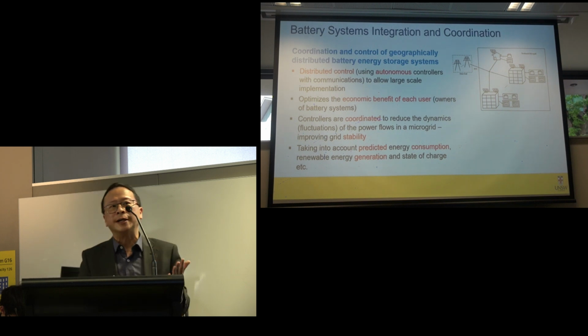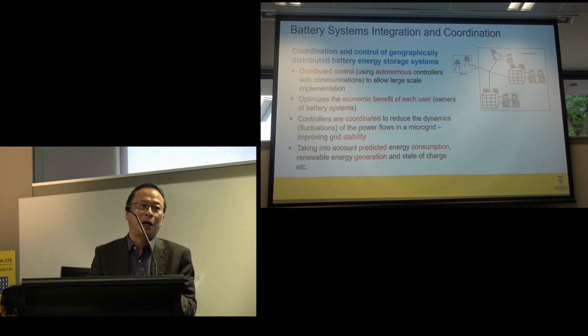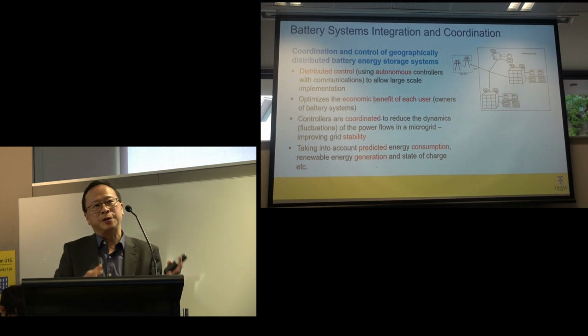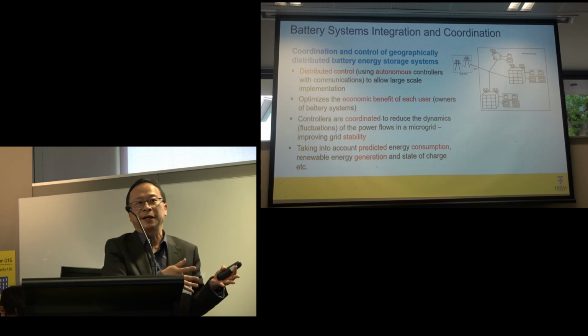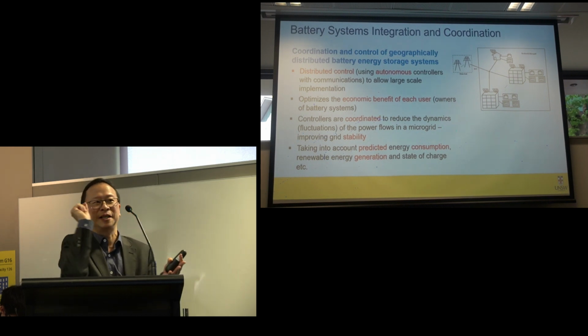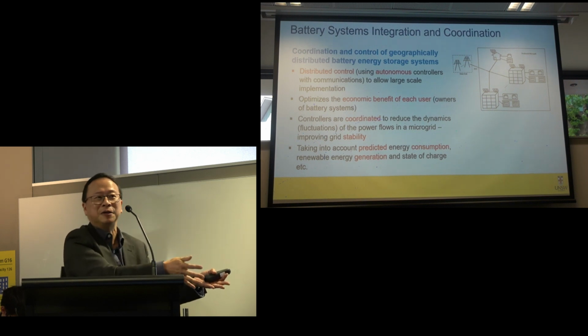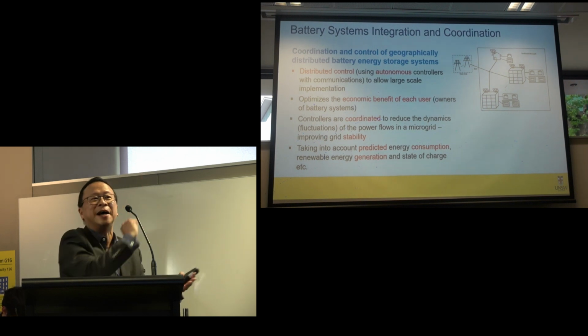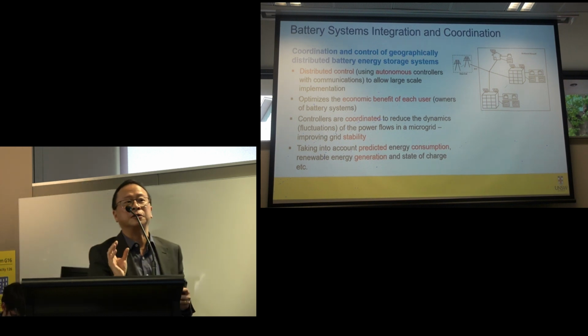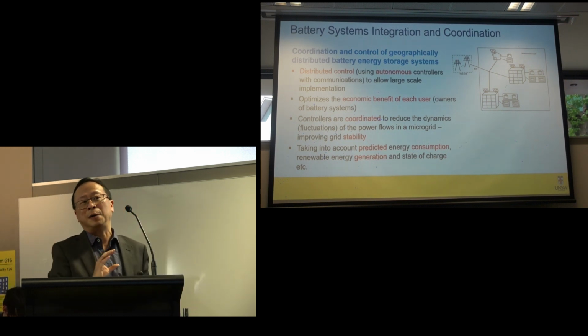The second issue is that if you have a large deployment of battery systems, different battery systems may have different owners. So it's really hard to have a central controller and tell batteries owned by different owners what to do, because they would like their battery systems to operate to maximize their own economic benefit.